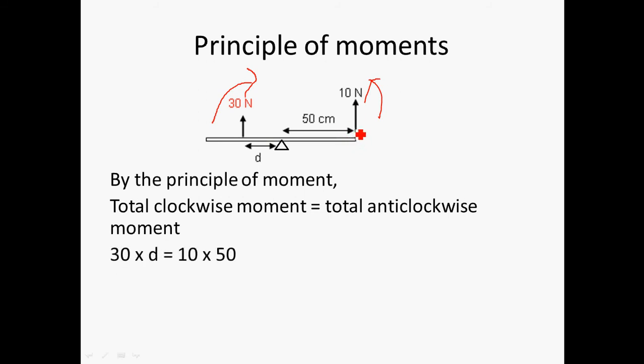So if you solve it, you get 16.7. That is your answer, because this moment must balance this moment for the principle of moment to be true. That's why the unknown D is equal to 16.7. You can solve it by using an equation.